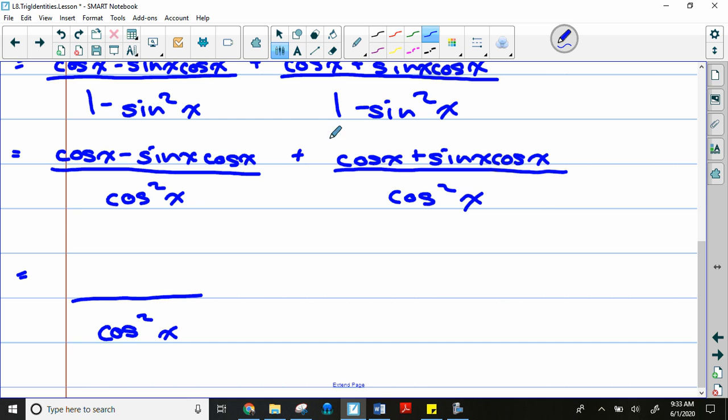So cos plus cos is 2 cos x. And then negative sine x cos x plus sine x cos x. Guess what? These cancel out. They're not even going to add to each other because they give 0. So all of a sudden, we're just left with this.